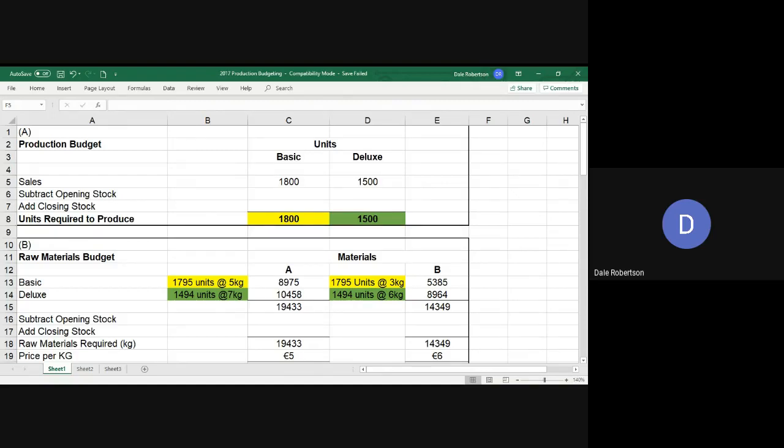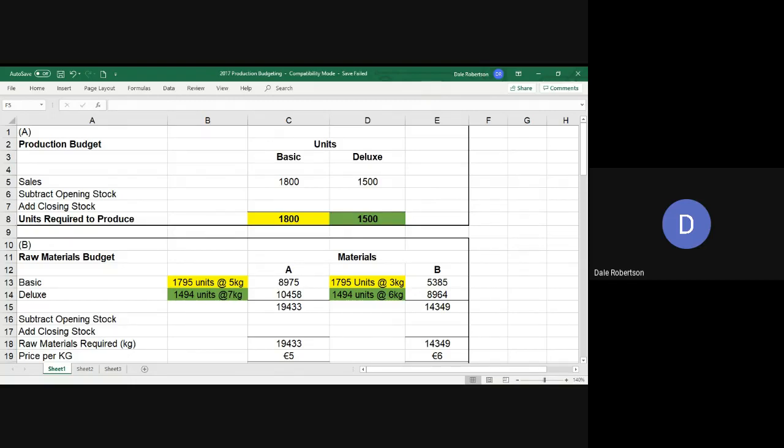It says all stocks are to be reduced by 10% from their opening levels by the end of 2018. And they're valued at the first in, first out method, the FIFO method. What that means is any closing stock in this question is going to be 10% less than the corresponding opening stock. They will give you the opening stock numbers, and then 10% less will be the closing stock.